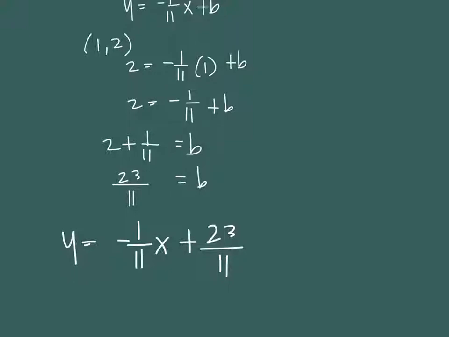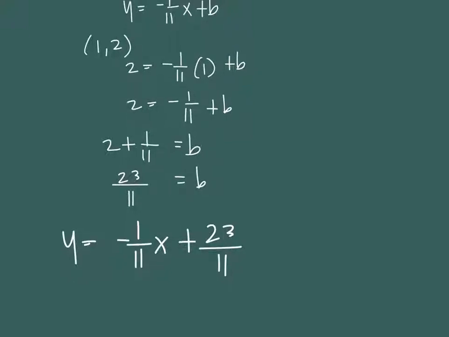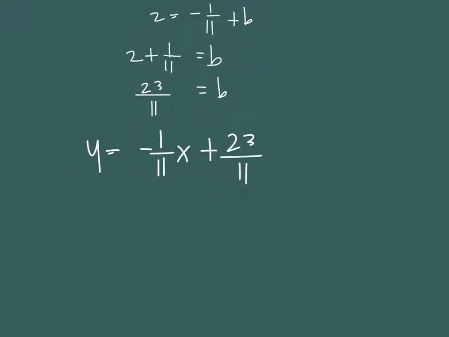And then again, maybe this is not in the choices. If this is a multiple choice question, how else can we write y equals negative 1 over 11x plus 23 over 11? Well, you could multiply both sides by 11. We can get rid of the denominator. 11y is equal to negative x plus 23.